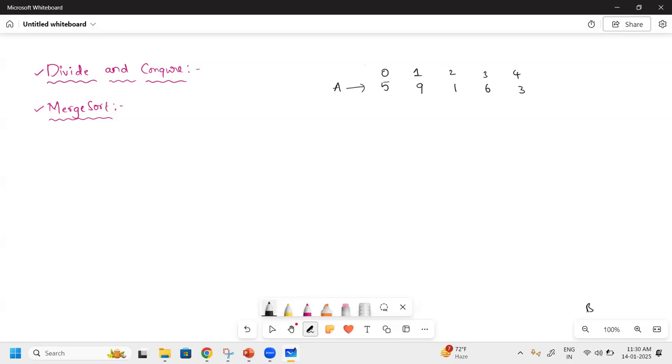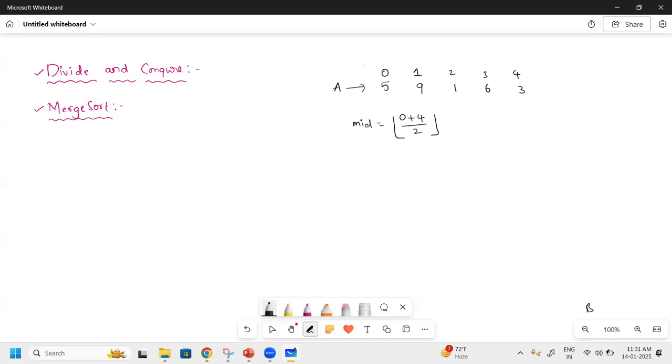Now I need to find the mid element. Before the mid element is considered one part, and after the mid position is considered another part. Here the initial point is 0 and the last point is 4. So I am going to find the midpoint: (0 plus 4) by 2, and I am going to take the floor value.